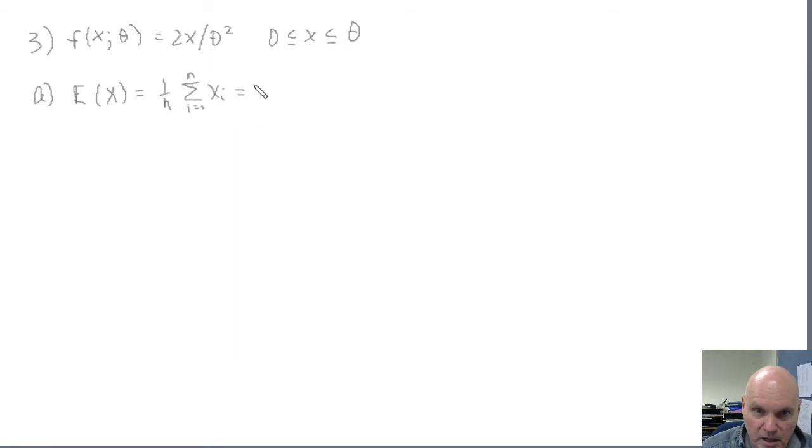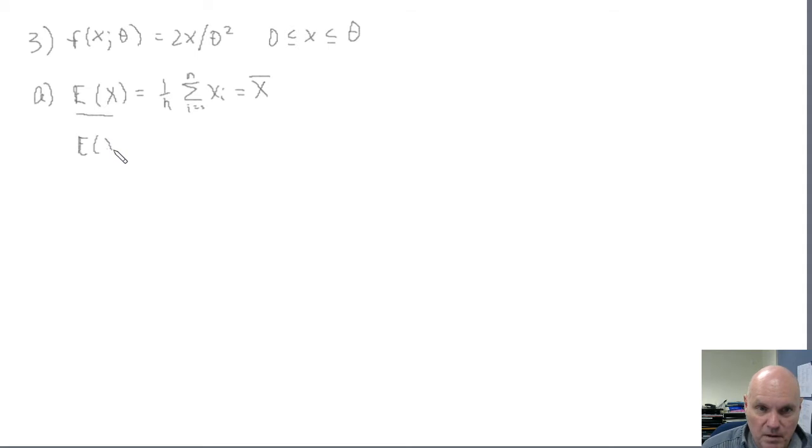The right-hand side here is just equal to my sample mean, which again is a number for this particular observation. What I have to figure out for this part is what is E of X. That's a theoretical value that depends on the unknown parameter theta.